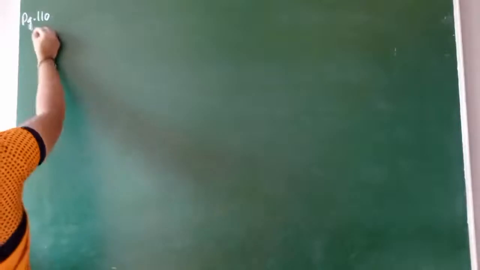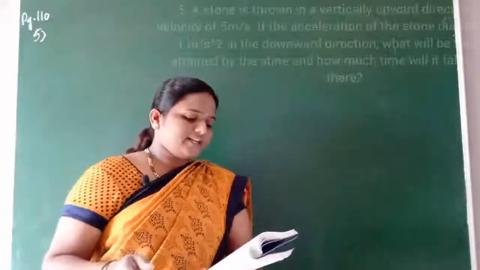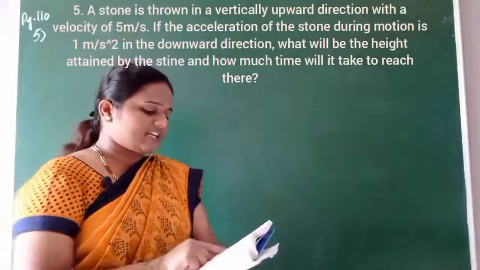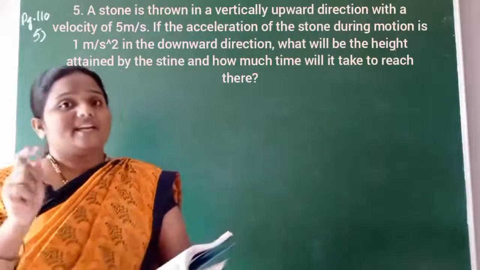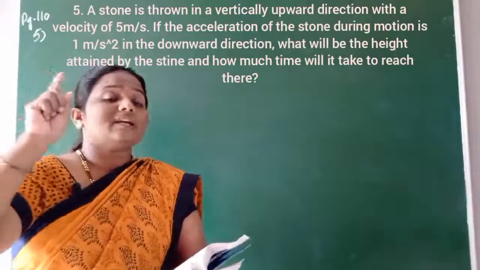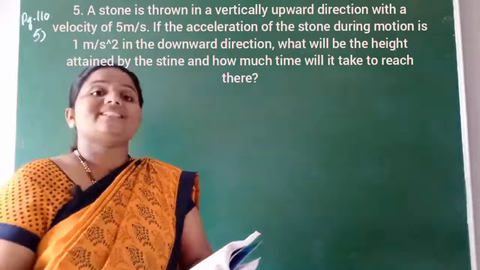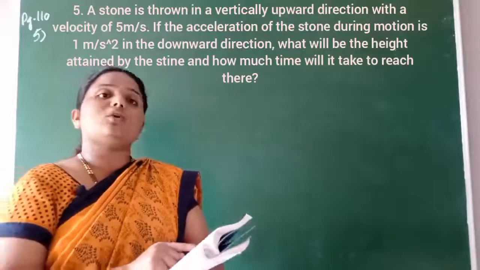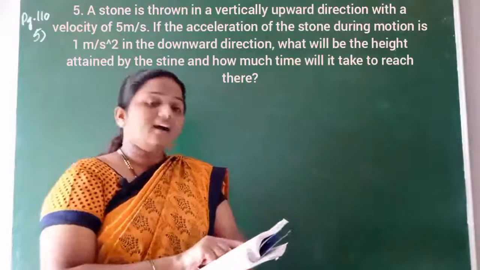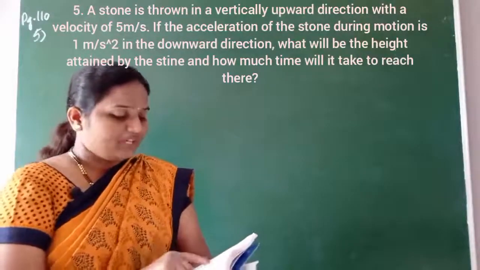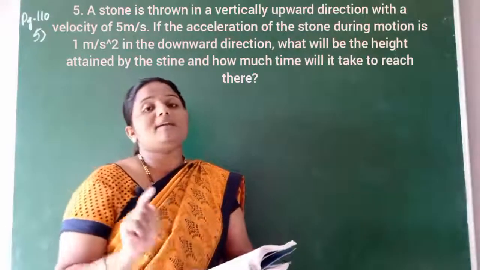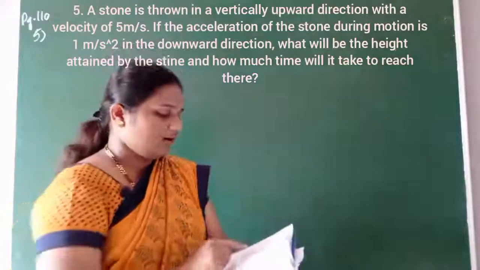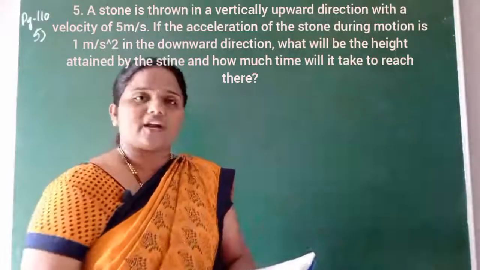Children, now we will solve, that is what? Fifth question. A stone is thrown in a vertical upward direction with a velocity of 5 meter per second. Means here a stone is thrown vertically upward, means in the upward direction the stone is moving with what? 5 meter per second. If the acceleration of the stone during its motion is 10 meter per second square in the downward direction.